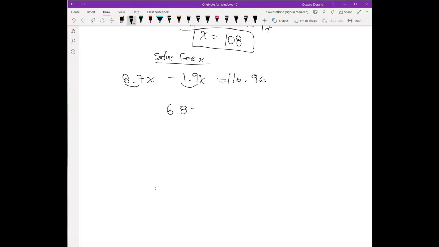Then that's 6.8x equal to 116.96. Again, divide by 6.8. Use a calculator if you can, otherwise do long division. 116.96 divided by 6.8 is 17.2. That's it.